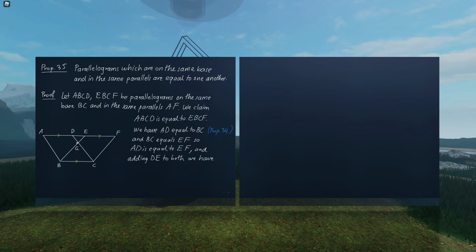Since AD is equal to EF, AD together with DE, that is AE, must be equal to EF together with DE, that is DF. So now the trick is to compare this triangle and this triangle. And we see, in fact, that they're the same. Actually, this proof is pretty cool, I think.